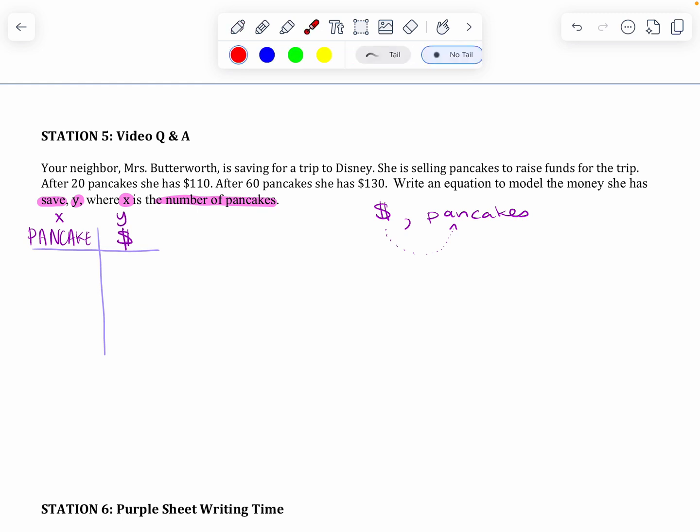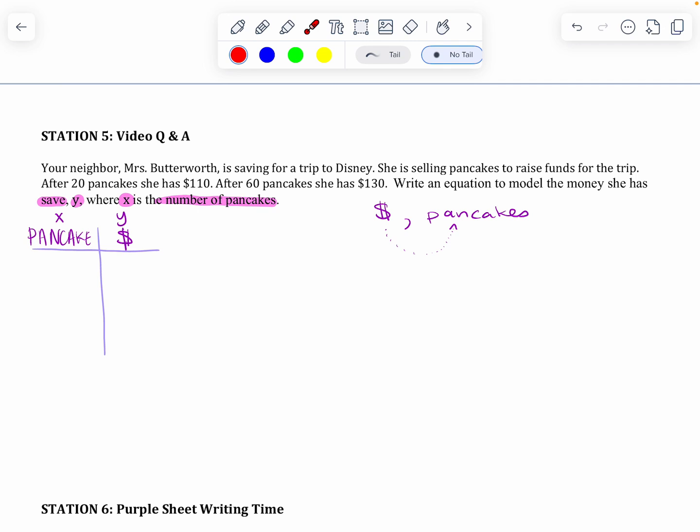And if you notice, X represents pancakes, which is exactly what it said in the story, and Y represents the money that she's got to save. So that's super consistent. Whether you knew to put X and Y there right off the bat and then match the word, or whether you thought about it as independent and dependent variables, where independent is your input and your money is your dependent, you could do it that way too.